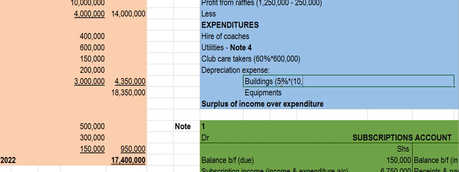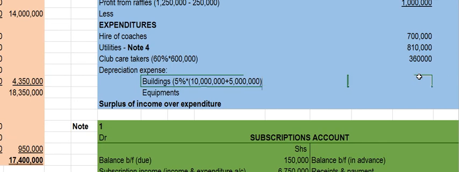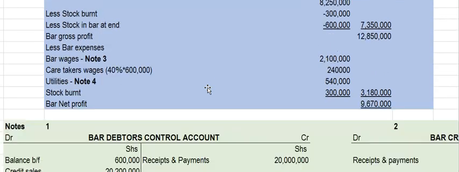The cost of the buildings at the start, but there was a major expenditure that was made of 5 millions, which has also been depreciated. So you depreciate 15 millions when it comes to the depreciation of the buildings. So that will be 5% times 15 millions. That gives you 750,000.